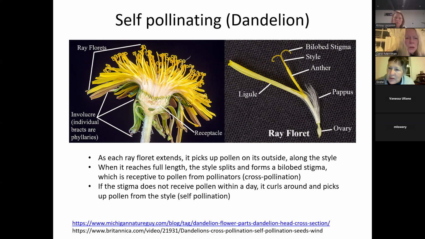And if it does within a day, great, it's outsourced its genetics. It's gotten a nice mix. But if it doesn't, that stigma curls around and sort of licks some pollen off of the outside of the style, and it gets pollinated that way. So it can go either way.